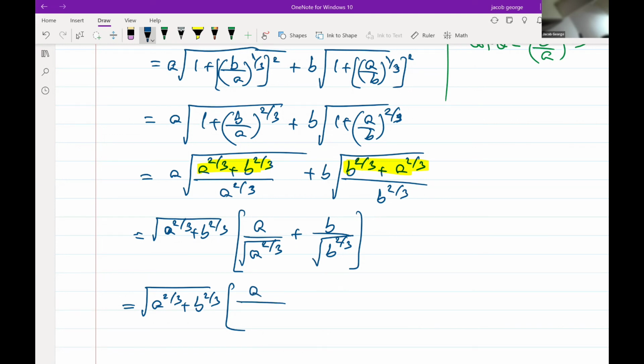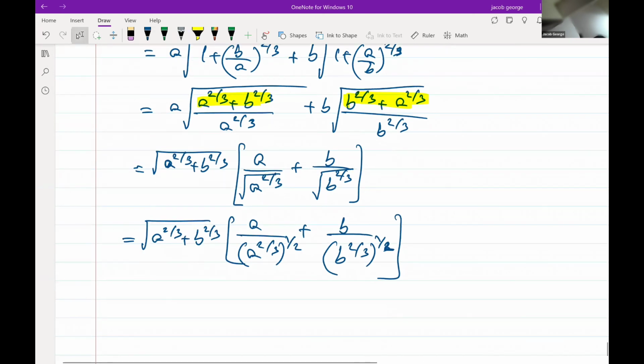That means a by (a raised to 2 by 3) raised to 1 by 2 plus b by (b raised to 2 by 3) raised to 1 by 2. Then that 2 and 2 will go, and we get raised to 1 by 3. So is it clear? I took the common factor. Then a by root of a raised to 2 by 3 means a by (a raised to 2 by 3) raised to 1 by 2. So simple, law of indices only I apply here.